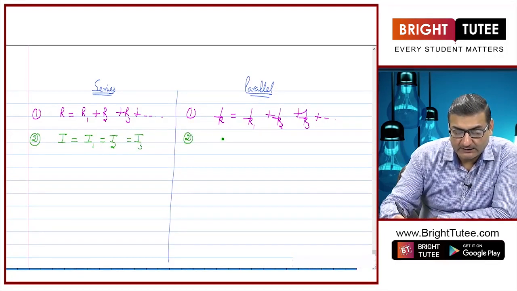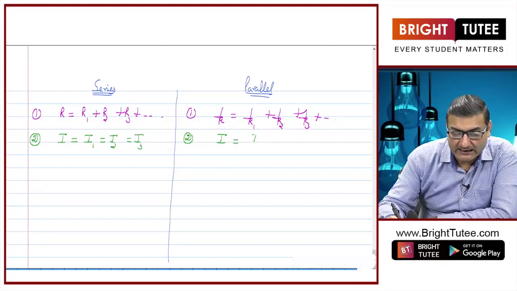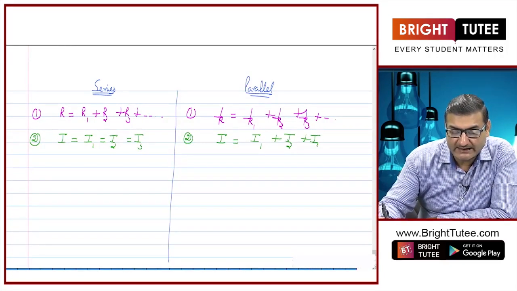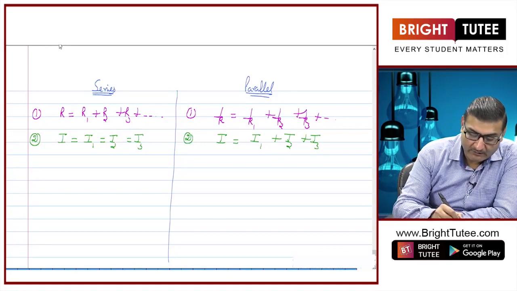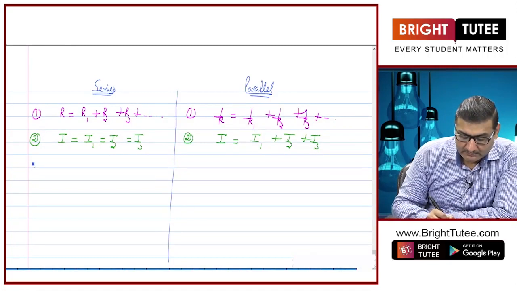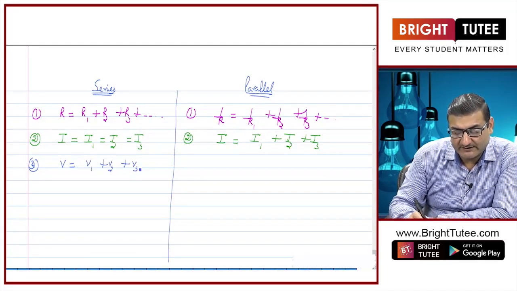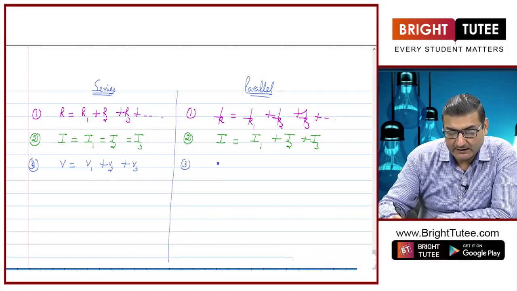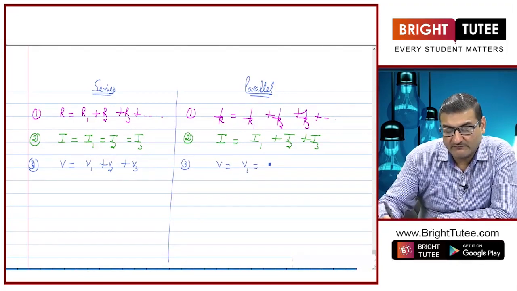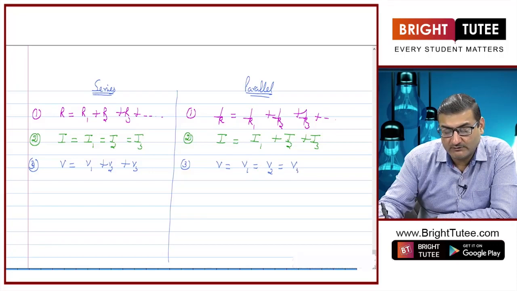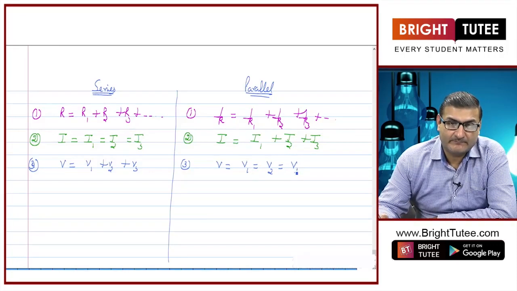But in parallel, it is not the case. In parallel, I is equal to I1 plus I2 plus I3. Now, in series, potential difference is V equal to V1 plus V2 plus V3. But in parallel, V is equal to V1 is equal to V2 is equal to V3.